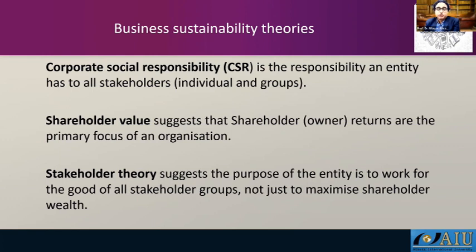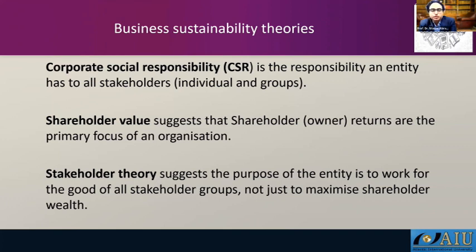Now, these three theories are very important when it comes to business sustainability. Corporate social responsibility is the responsibility of an entity or an organization to all the stakeholders. All the stakeholders means the consumers, the suppliers. They have to maintain good ethical practices at the workplace, with the employees, with the regulatory authorities.